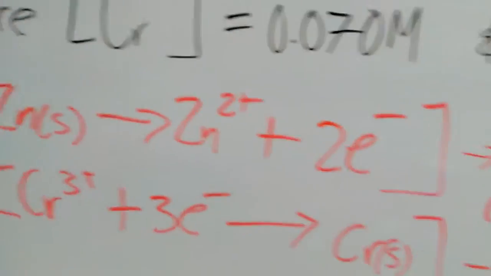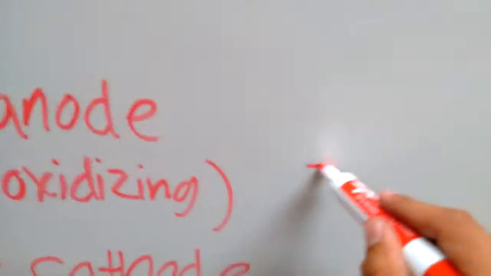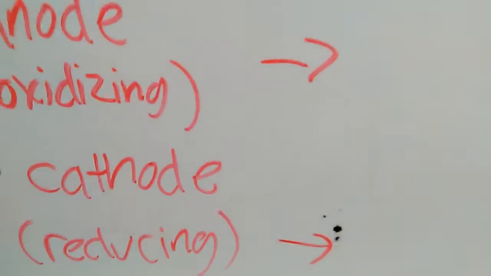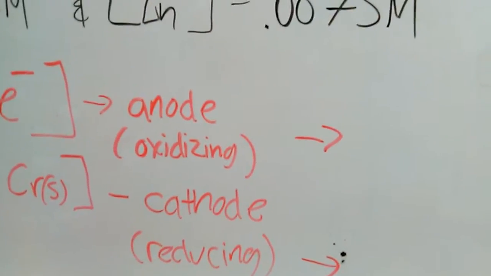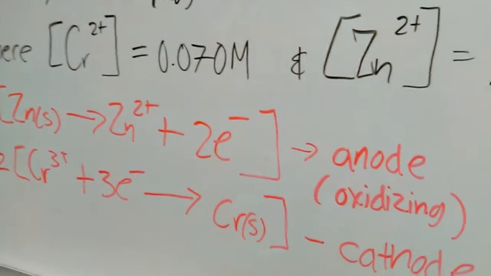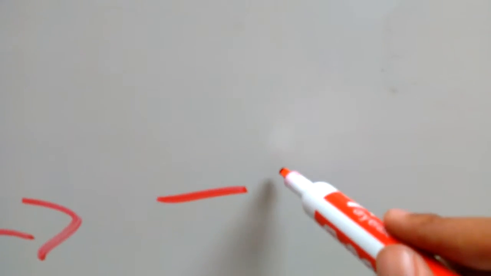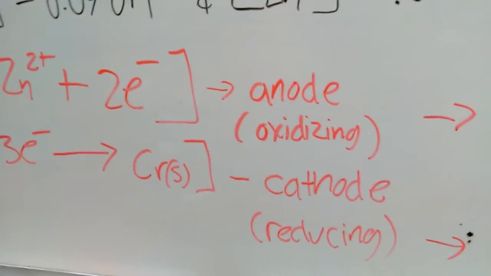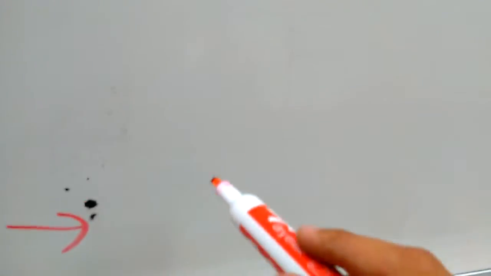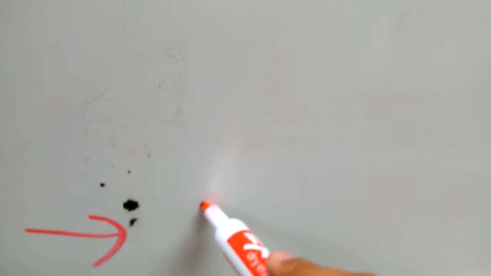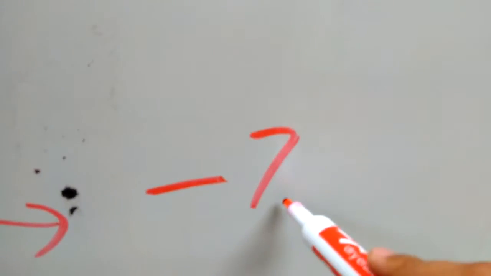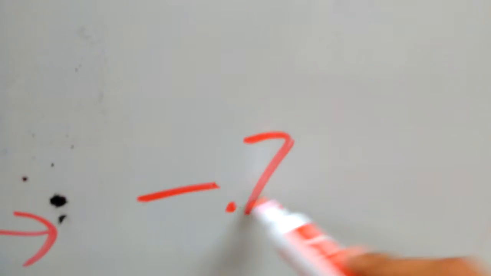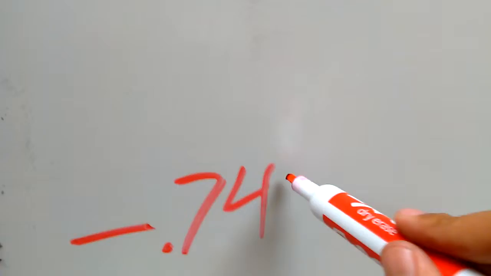When you look at the charges here, this is going to be provided to you in a chart, with the voltages and everything like that. If you look at your zinc chart, you're going to see that your anode is negative 0.76 voltage. If you look at your cathode, your chromium, on the chart, you're going to see that it equals negative 0.74 voltage.